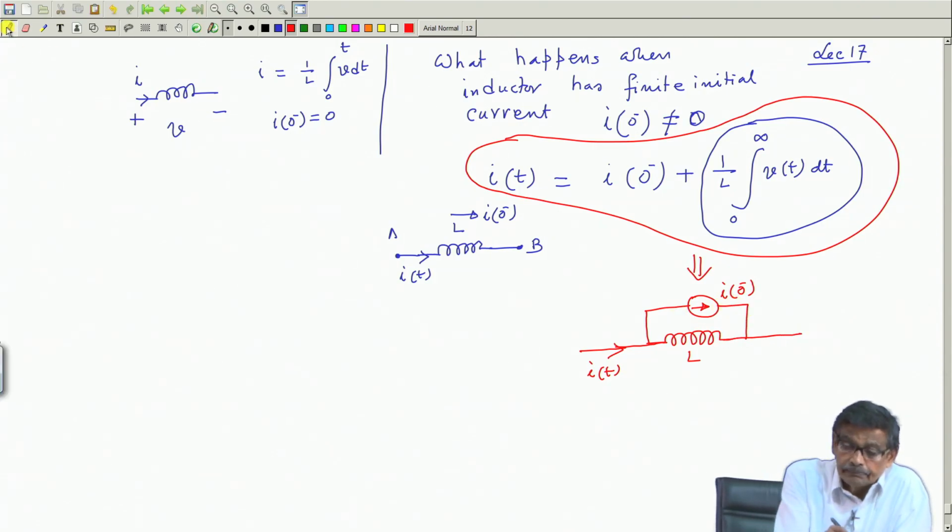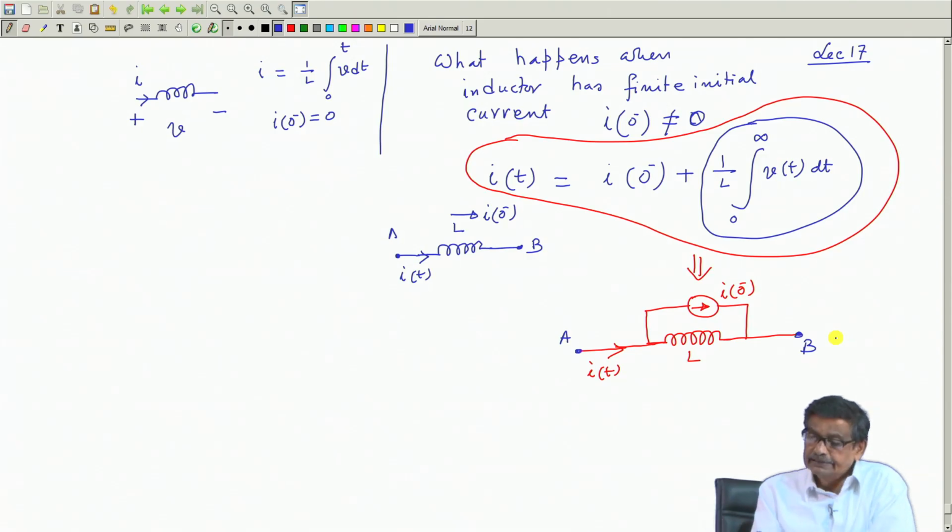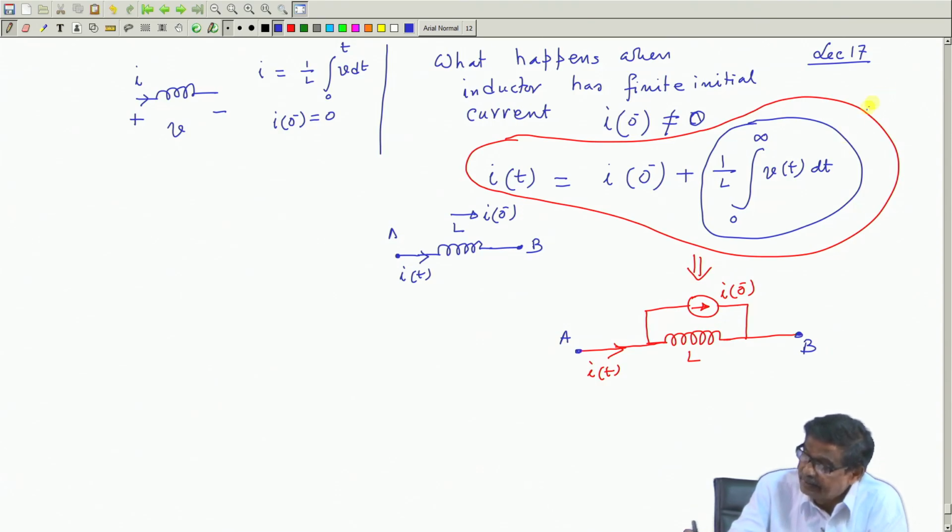And these 2 points are your A and B. Got the point? That is an inductor with an initial current i(0 minus), current at any time t. You see i(0 minus) plus this term, but this term is the current in an inductor without any initial current.